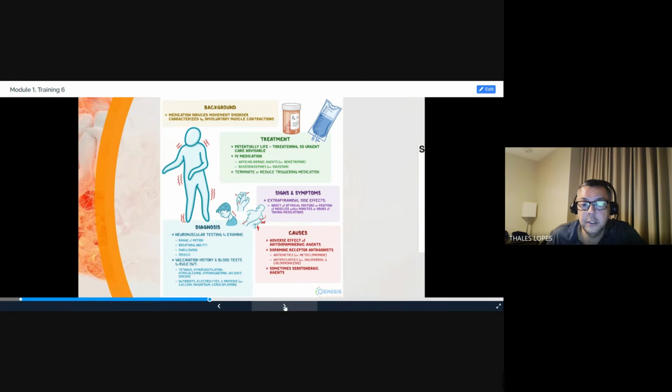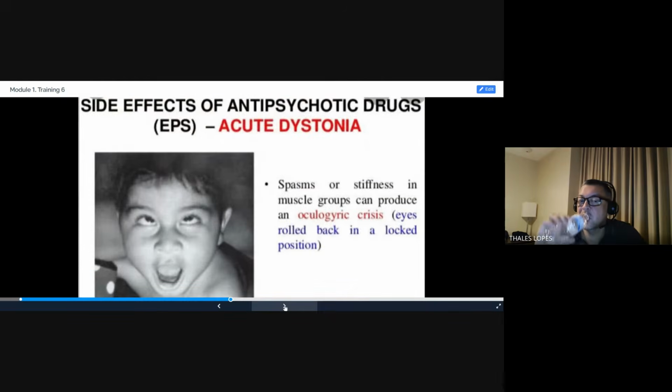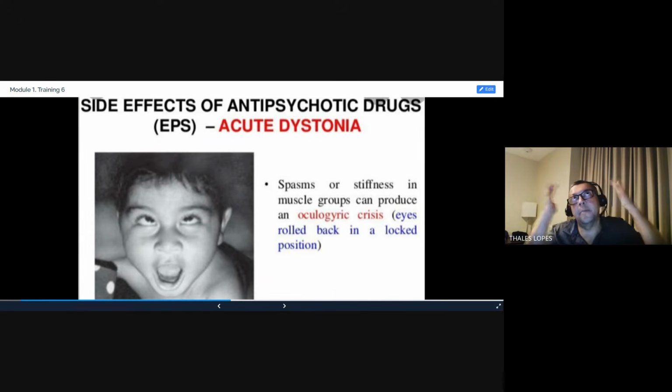Remember the crisis. Remember oculogyric crisis. The eyes rolled up in the back position. Look at this little kid. It looks painful, right?